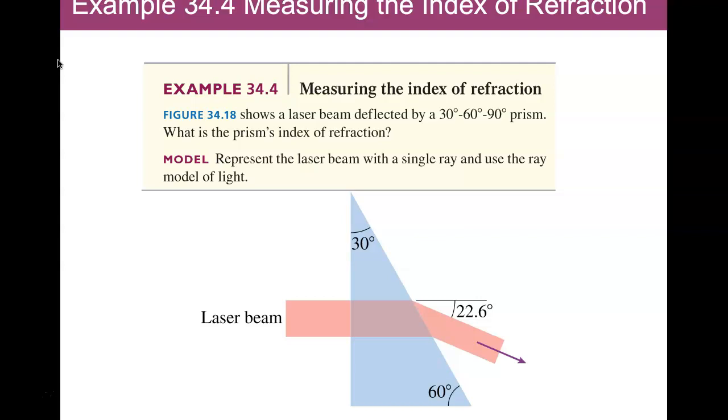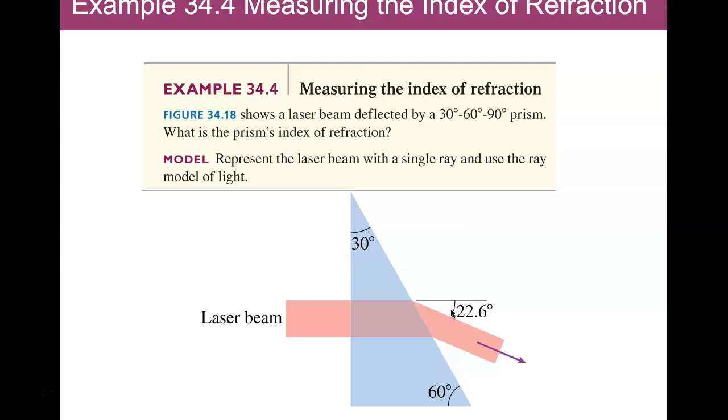So you have a prism. These are the angles: 30 degrees, 90 degrees, 60 degrees. You have a laser beam that enters the prism. It's initially normal to this interface, so it just goes through. And then when it leaves the prism, it makes an angle of 22.6 degrees with the horizontal line.